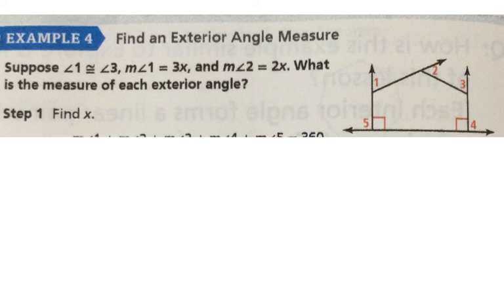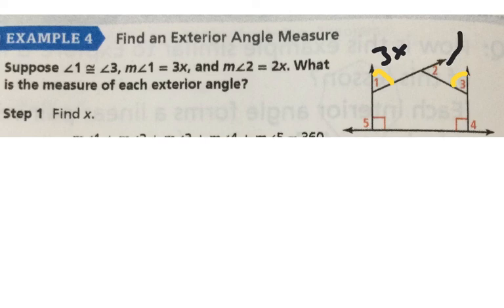I need to write this down, make sure I'm following. So angle 1 and angle 3 have to be the same measure. It says angle 1 is 3x, angle 2 is 2x.